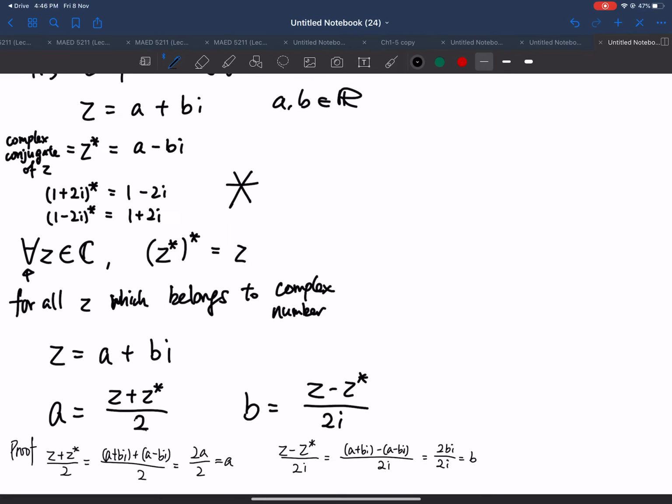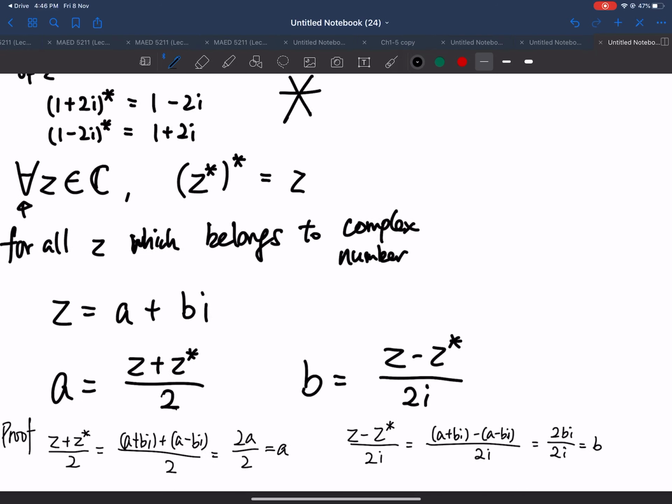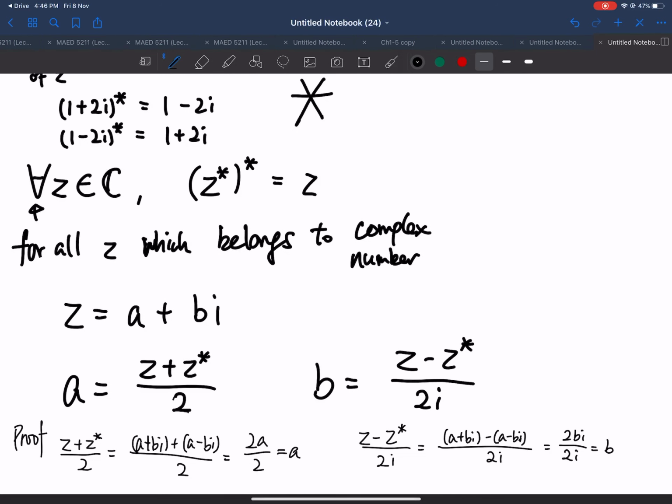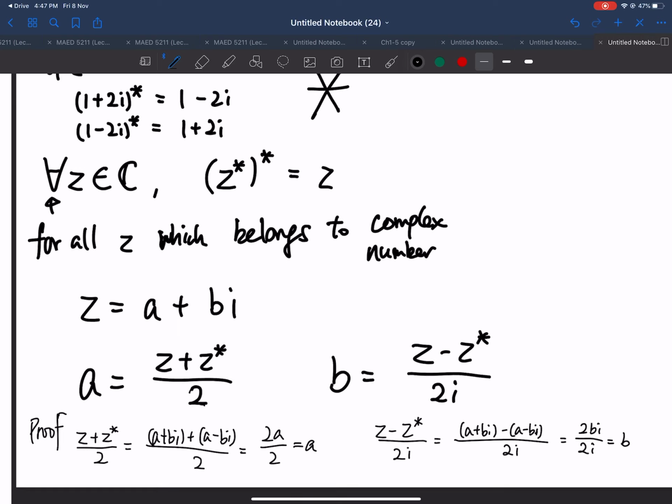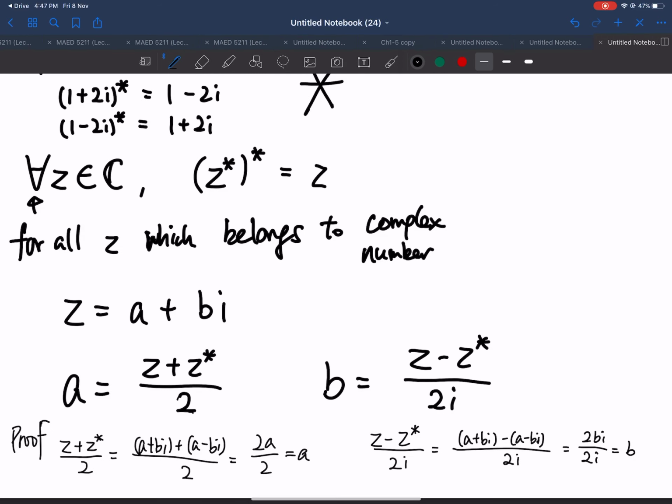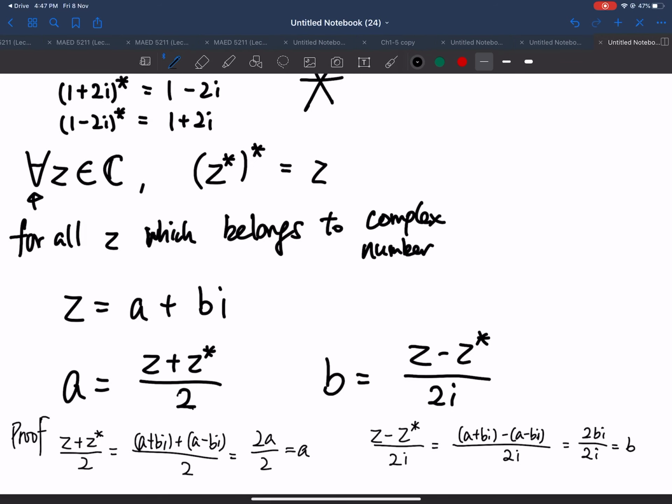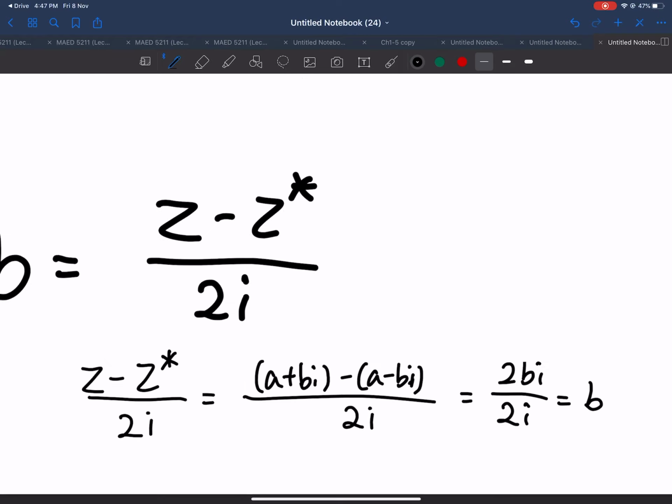Oh, actually, it's very small in terms of the whole page. Oh, it's actually easy.